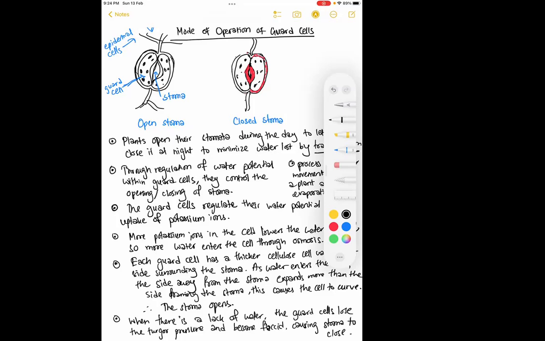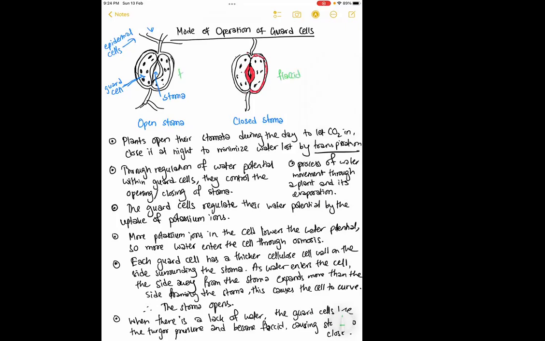So here the guard cell is flaccid, okay? And here it is turgid. That means the plant does not have enough water.